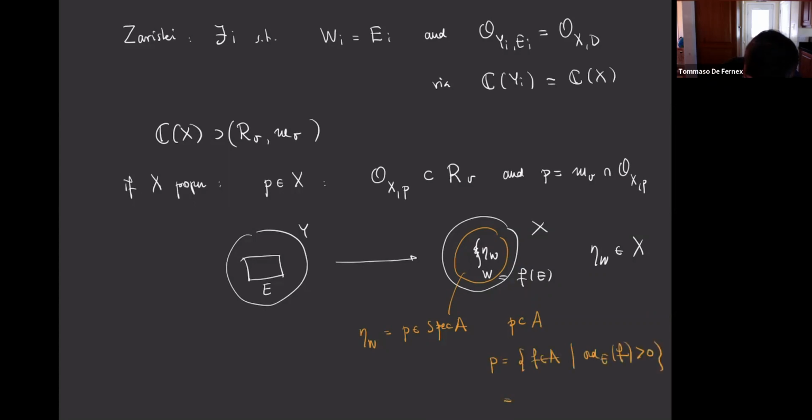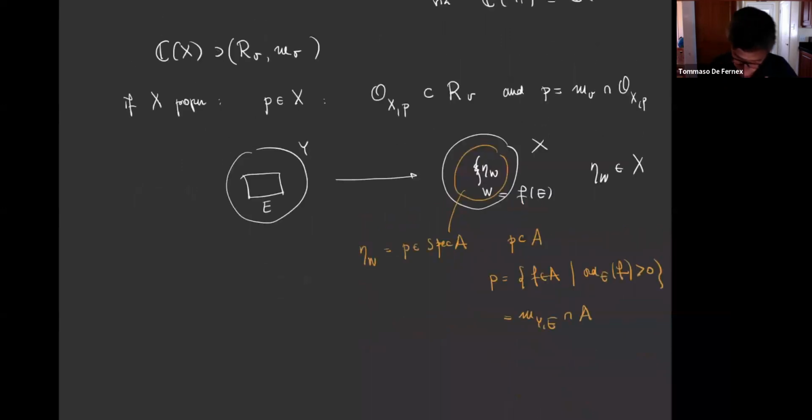That's the same thing as saying you look at the maximal ideal of the valuation ring of E intersected with A, because the maximal ideal of the valuation ring is exactly those rational functions on the variety which have order greater than 0. Yeah, so that's what the center is.